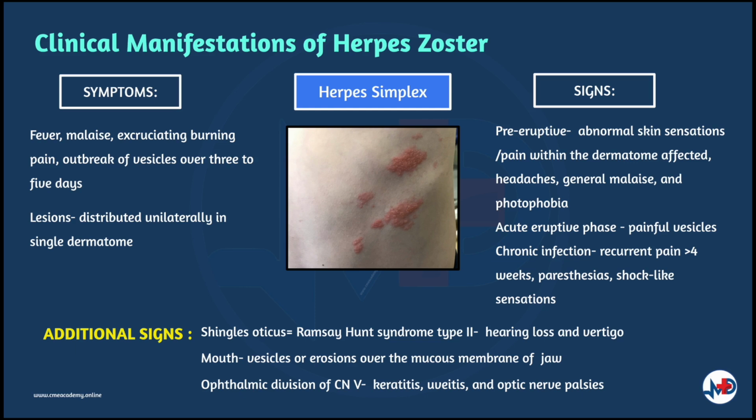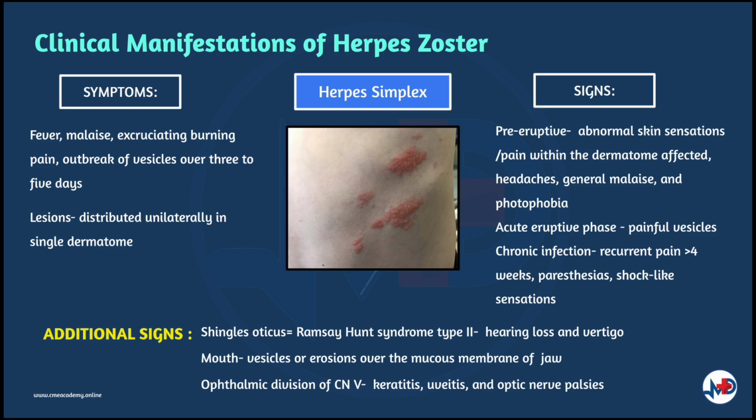The vesicles usually start as macules and will progress into painful vesicles which will rupture, ulcerate, and form crusts over a period of 2 to 4 weeks. Lastly, chronic infection is when there is recurrent pain for more than 4 weeks, paresthesia, shock-like sensations, and dysesthesias. Some patients with herpes zoster oticus, or Ramsay-Hunt syndrome type 2, may present with vertigo and hearing loss.